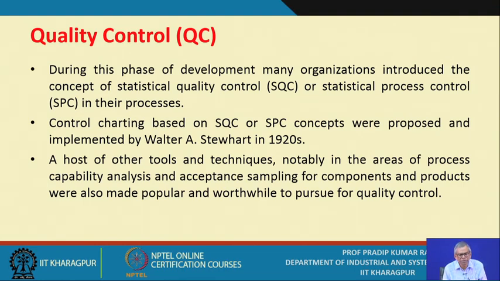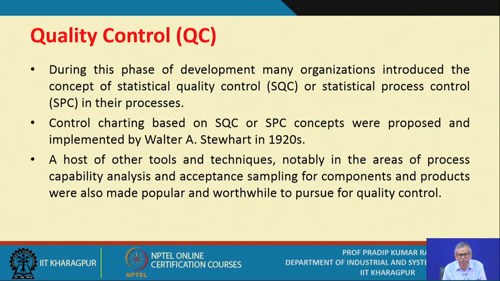Now, during this phase of development, from early 40s, many organizations introduced the concept of statistical quality control. This particular topic we'll discuss in detail, and SQC is one of the foundation topics in any course on quality design and control, and this is also referred to as statistical process control.